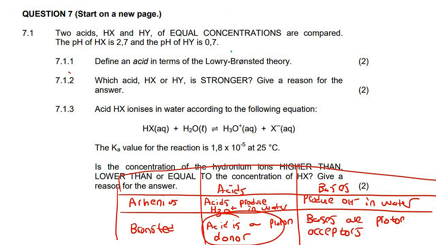So, this question says, which acid, HX or HY, is stronger? Okay, so we know that pH, the good old pH scale, is a good way to tell us if something is strong or weak. The pH scale goes from 0 up to 14. 0 is more on the acidic side, 14 is more on the basic side.